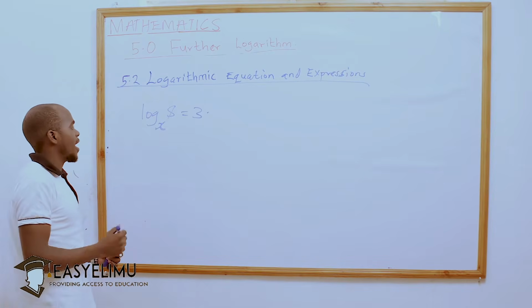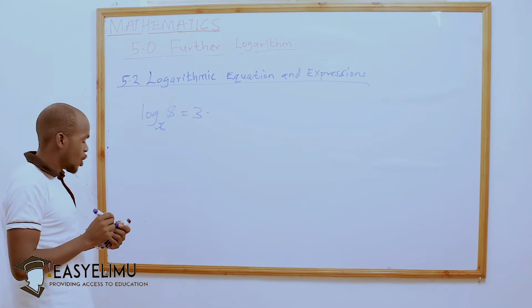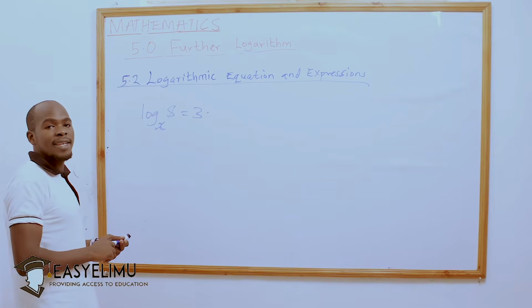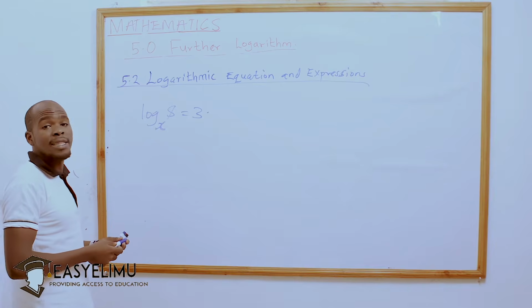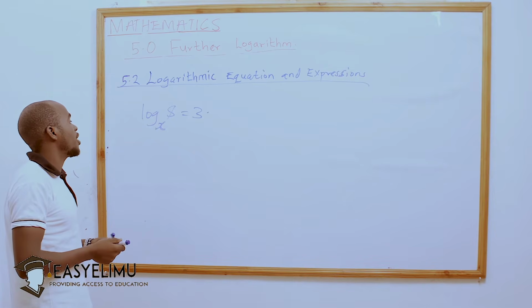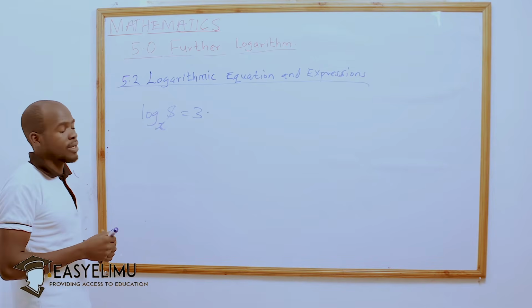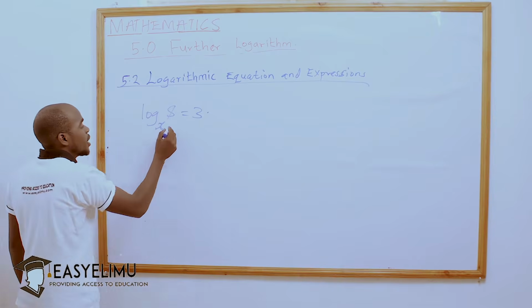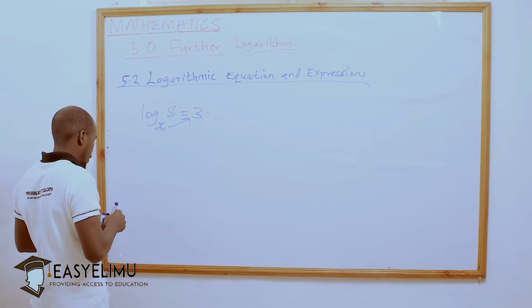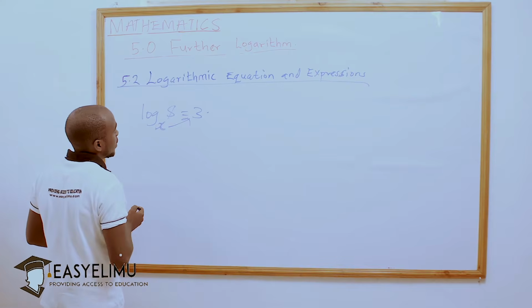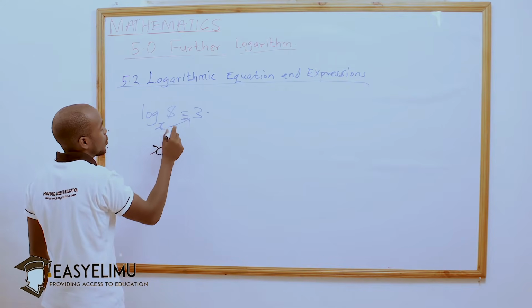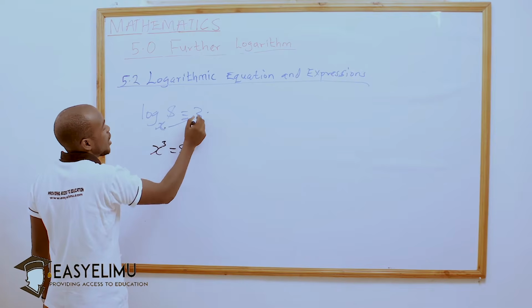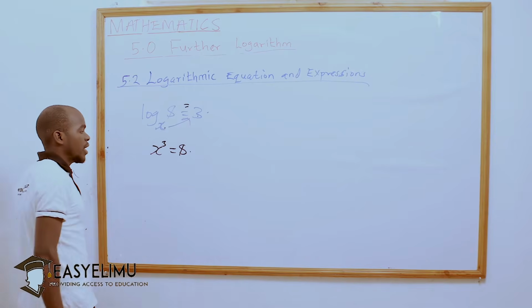Now we need to find out what is the value of x, to which base is 8 found by logarithm to get 3? To which base will you find log of 8 to get 3? To find that, we shall do the same, and we are going to get x cubed is equal to 8. So it will be x cubed is equal to 8.